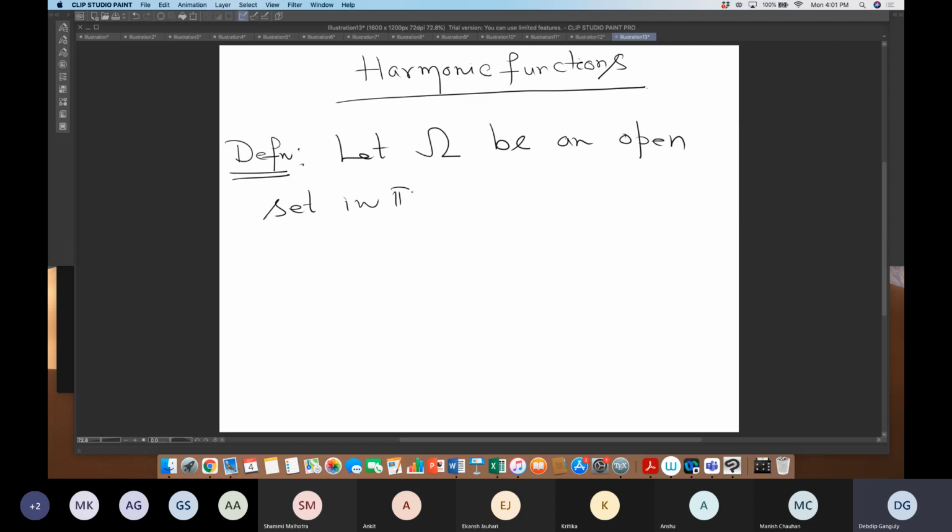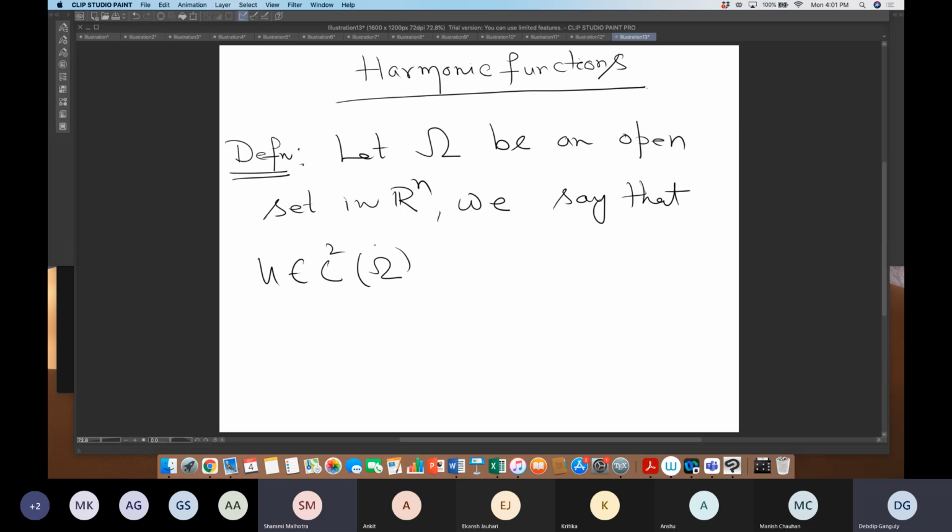It might be Rn also, the full set Rn. We say that u is a C2 function. You know what a C2 function is. What is a C2 function?